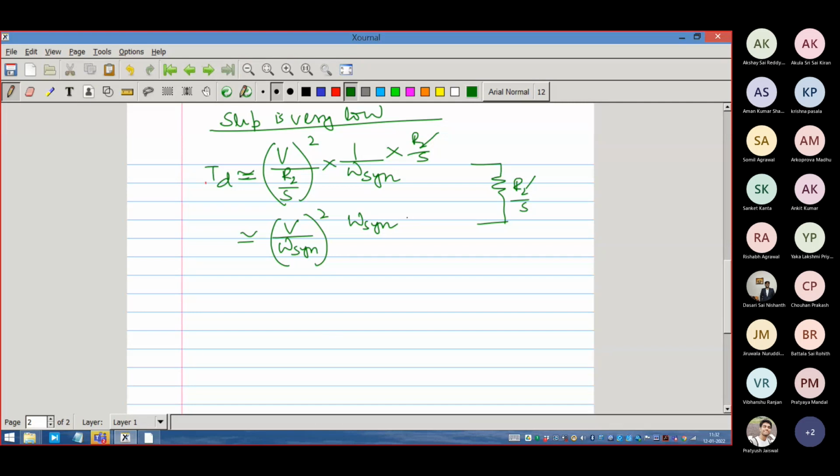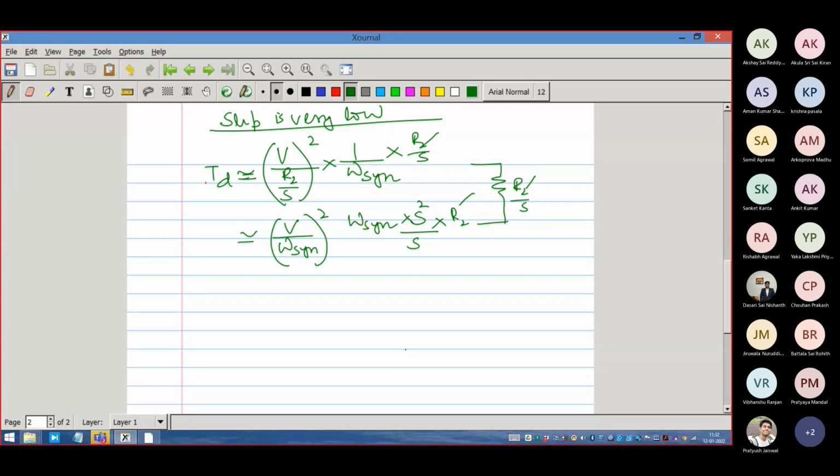So into then this R square, the numerator is S square, omega sync, and the denominator is S into R2 dash.